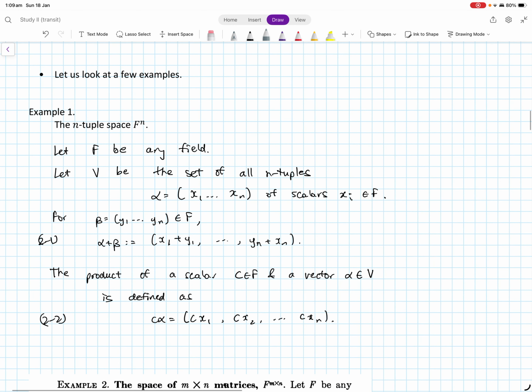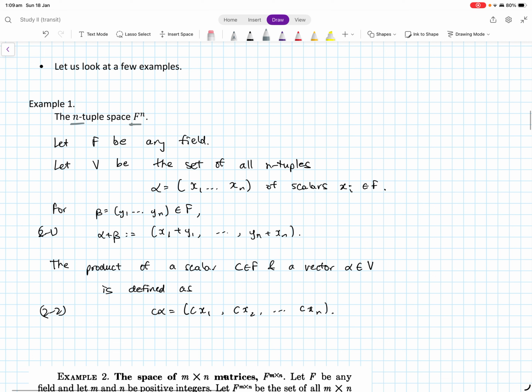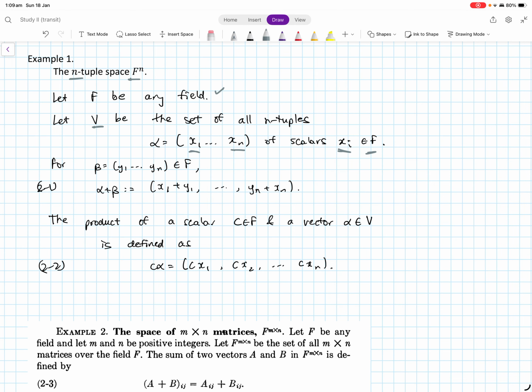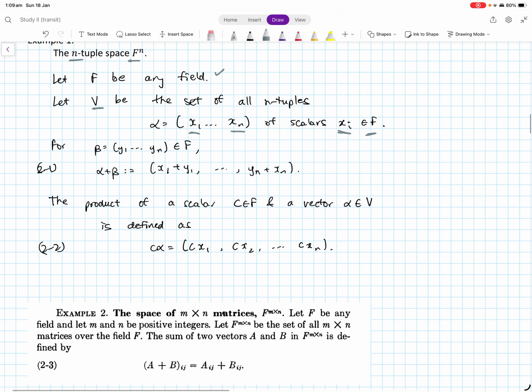So there's this example of the n-tuple space F^n. Suppose F is any field, and let V be the set of all n-tuples (x1, ..., xn), where the xi's are scalars in F. So we're just defining a tuple of n scalars, right? And then for alpha and beta vectors in F^n, we define addition, because to define a vector space, we have to define the addition and the scalar multiplication.